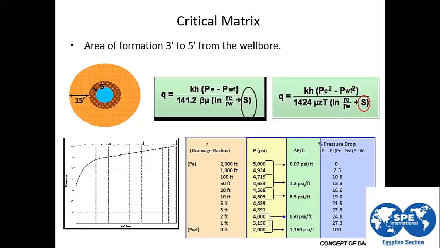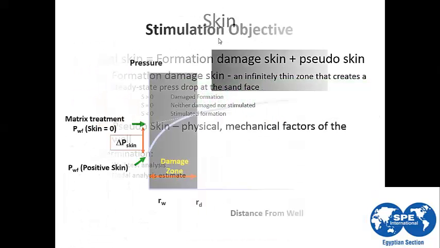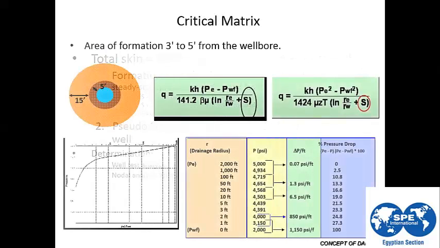This is our main equation for stimulation and for production. This is the productivity index equation, and we can see here the term of skin.